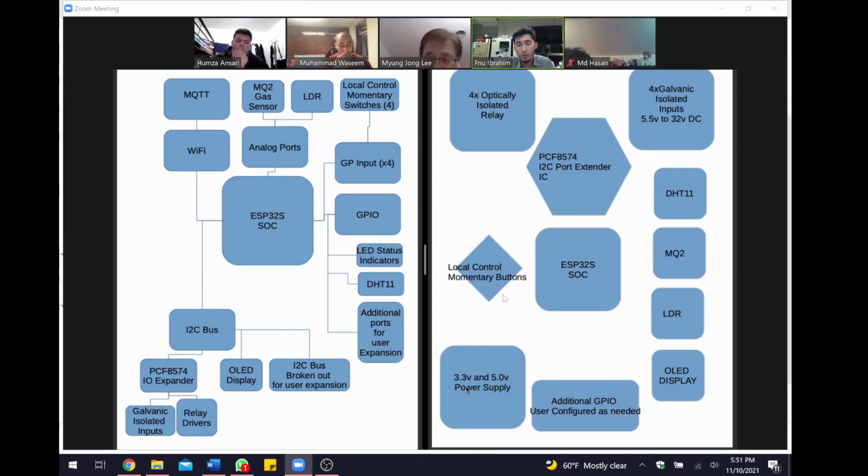And why we are using 3.3 volt and 5 volt: because the ESP32 requires 3.3 volt, and 5 volts for relays and some of our sensors. And that's it.